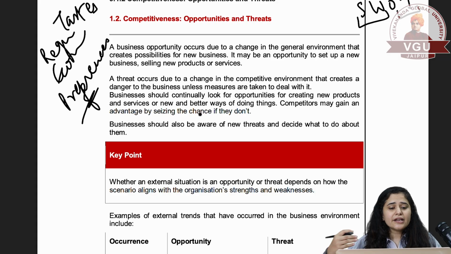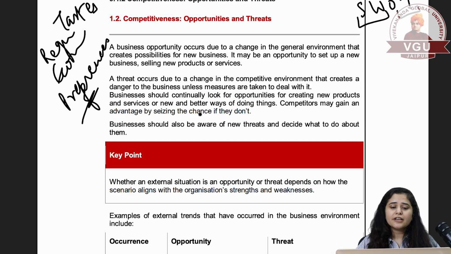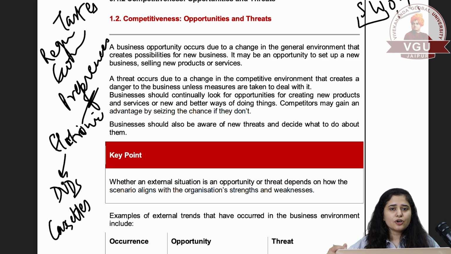Likewise with threats, we have to see how the business or the competitive environment is changing, and if it is changing, what danger it could produce. If I talk about the electronic industry, earlier there were DVDs and cassettes. Suddenly we realized that technology was advancing: computers were coming, drives were there, pen drives were being built, and this was a threat.